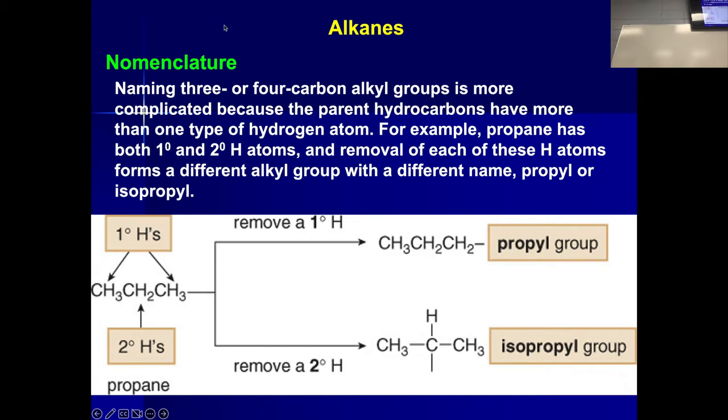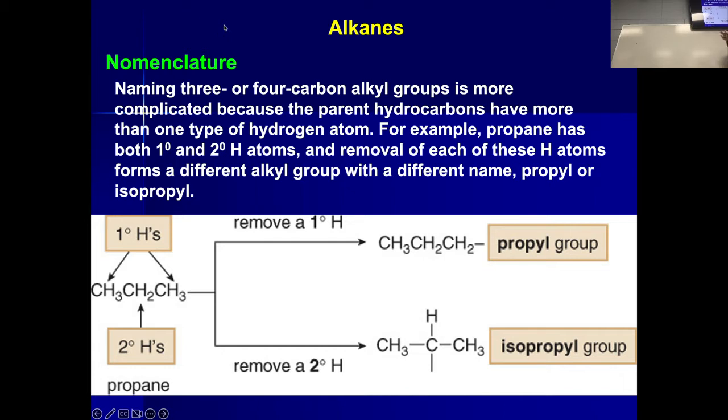I could do something like this. That's a propyl group. But I could also do the same thing by connecting it that way. It's the same number of carbons, same number of hydrogens. It's just here the bond is between a primary carbon and where the primary hydrogen was removed, and here at the secondary, right? This is called an isopropyl group.